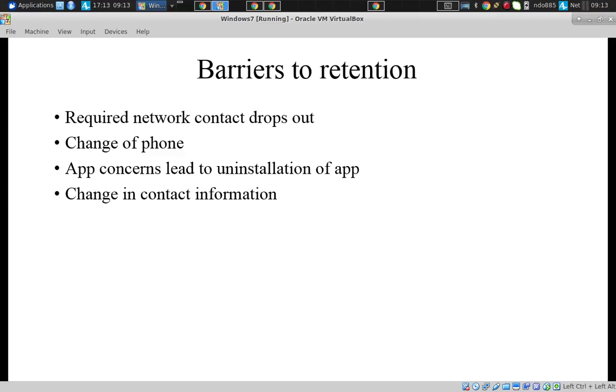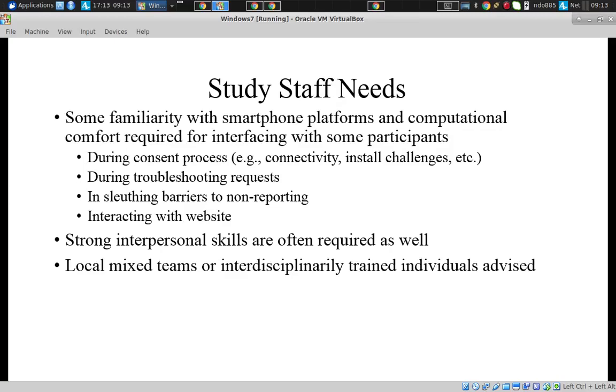They may lose the ability to easily get the data transmitted back. That can happen. Finally, it may be that, and this is no different from a normal study, their contact information has changed, so you're not able to reach them quite as easily.